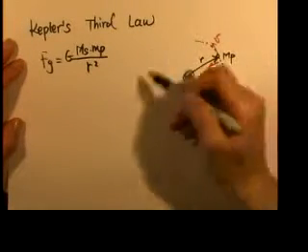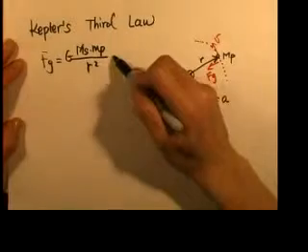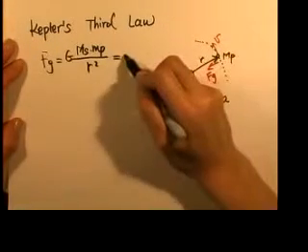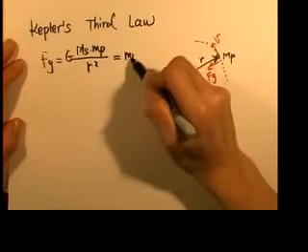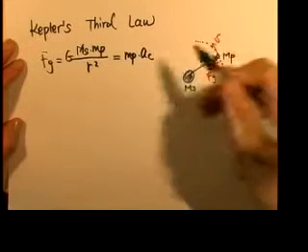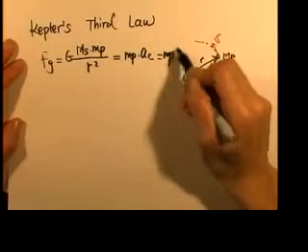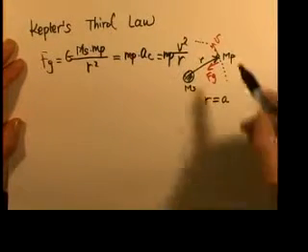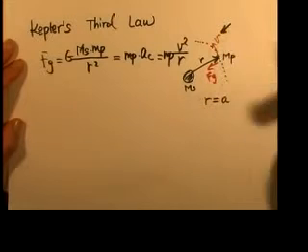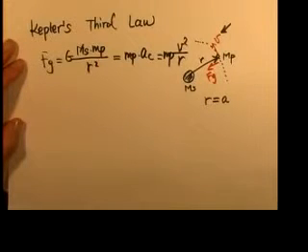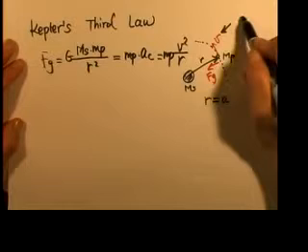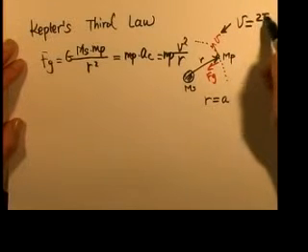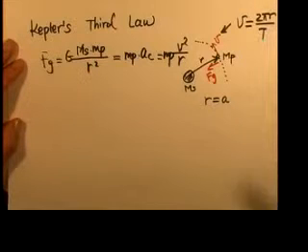Let's assume this is a circular orbit, so the planet does circular motion, and that force equals the mass of the planet times its centripetal acceleration, and centripetal acceleration is v squared over r. This v is the tangential speed of circular motion. We can easily get v equals 2 pi r divided by the period.